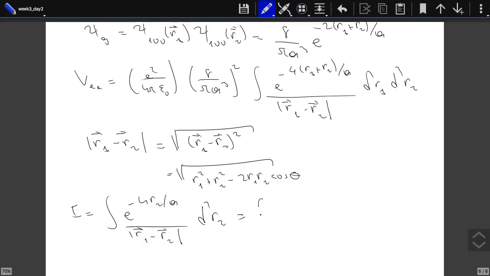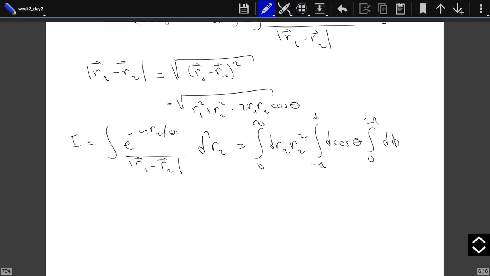So this will be the integral from 0 to infinity dR2 R2 squared, from minus 1 to 1 d cosine theta, from 0 to 2 pi d phi, times e to the power minus 4 R2 over a times R1 squared plus R2 squared minus twice R1 R2 cosine theta, raised to the power minus 1/2.